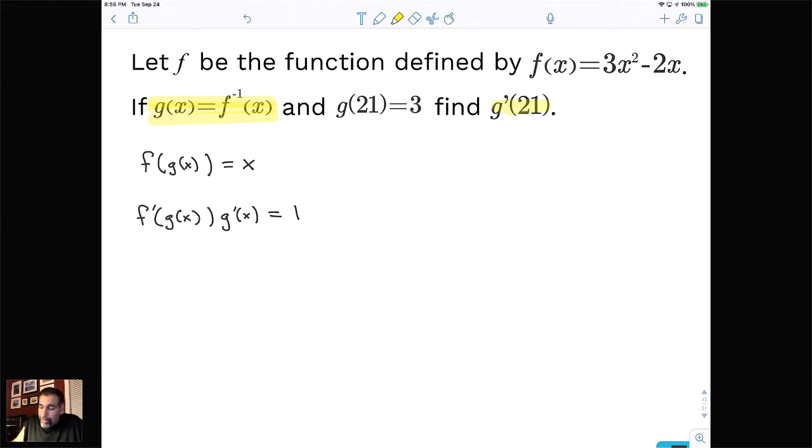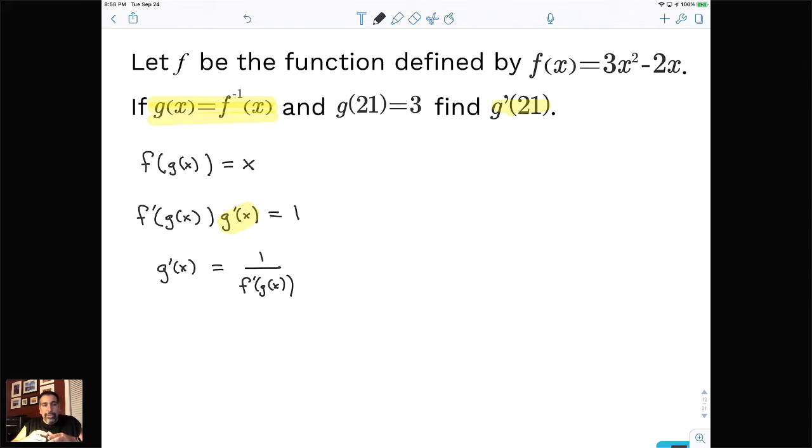What I hope you're noticing is the students wanted to find g prime of x in order to find g prime of 21, and there is what we're looking for. There is g prime of x. So now we're going to isolate the g prime of x, and I'm going to divide both sides by the other factor of f prime of g of x.